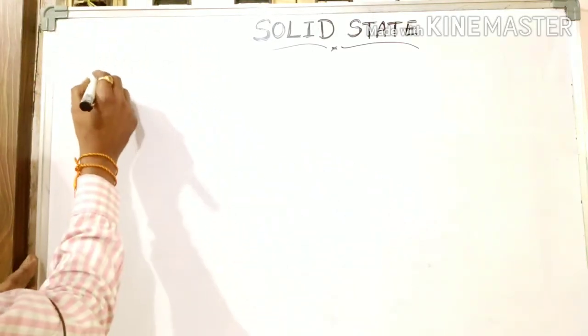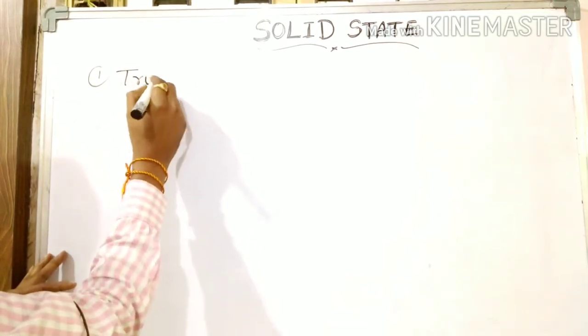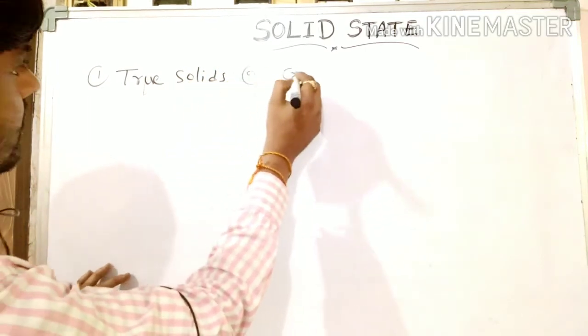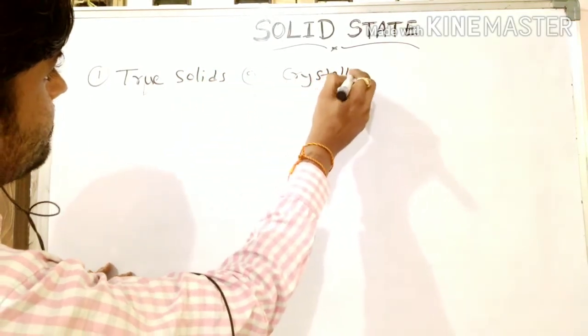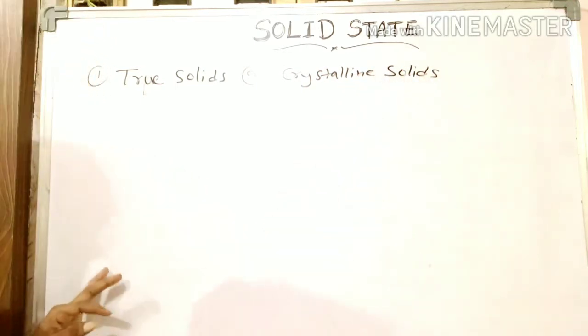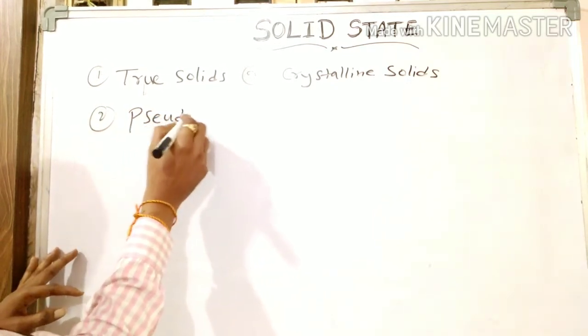First one is true solids, also called crystalline solids. Second type, pseudo solids.